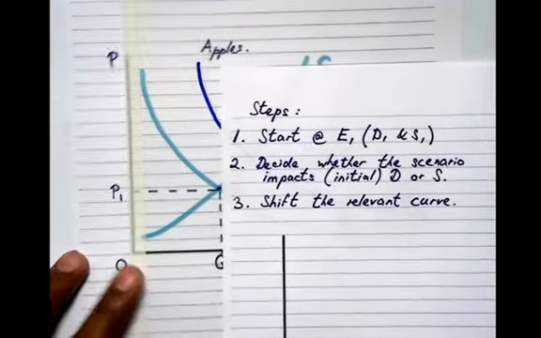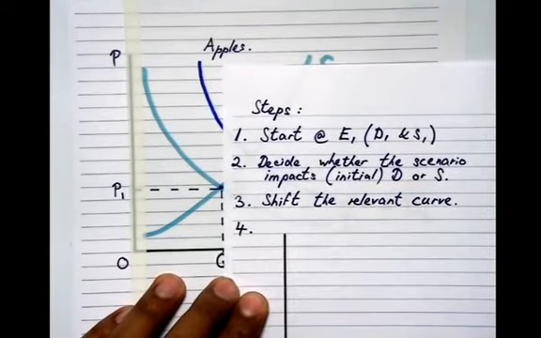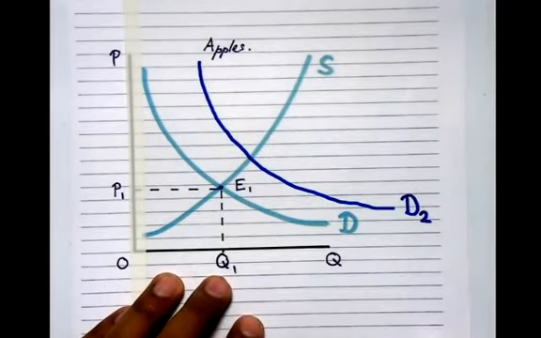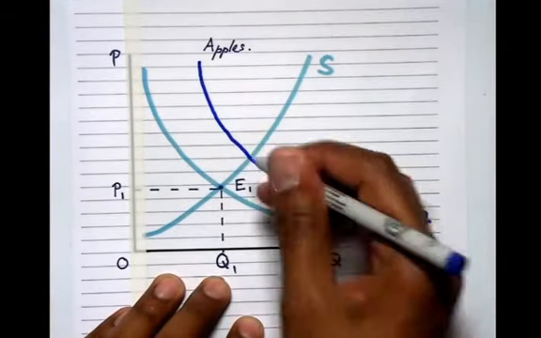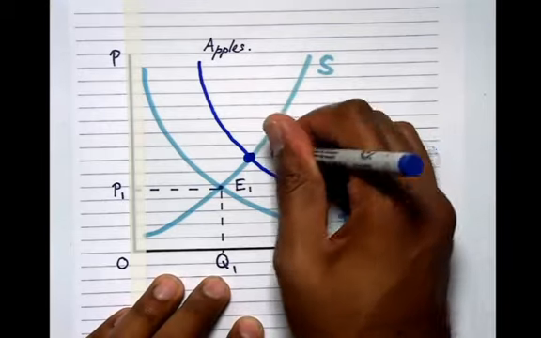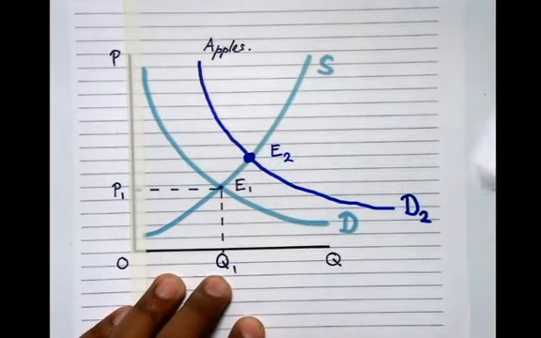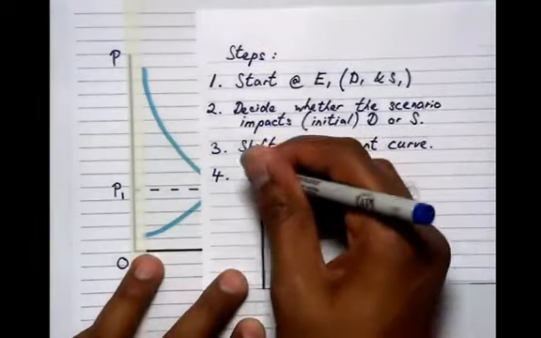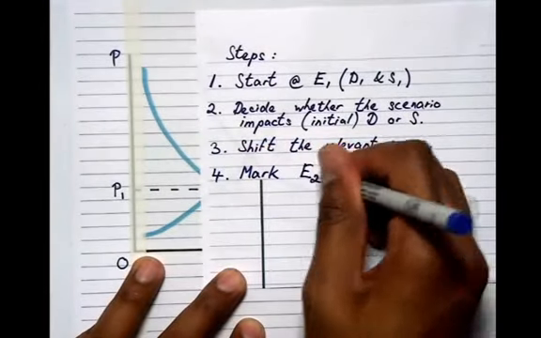And once you've shifted the relevant curve, the fourth step is you look at the new equilibrium that you've just created. The initial demand is no longer relevant. You mark the new equilibrium. We'll call that E2. So the fourth step is mark the new equilibrium, E2.